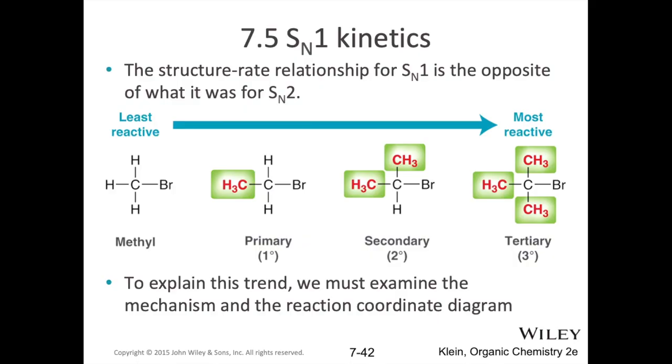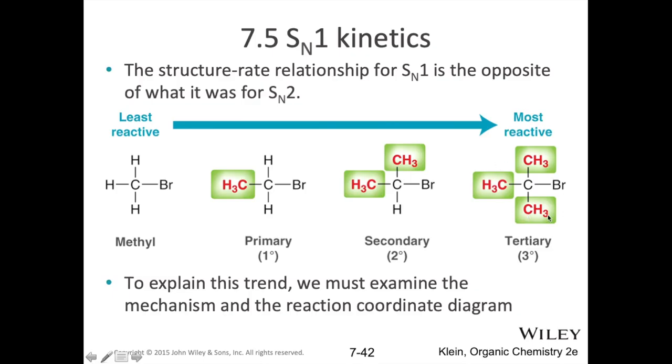Those carbon-hydrogen bonds on our alkyl groups overlap with the empty p orbital on our carbocation and stabilize it a little bit. So the more alkyl groups you have around that carbocation, the more we see that effect and the more stable that positive charge is when it forms.